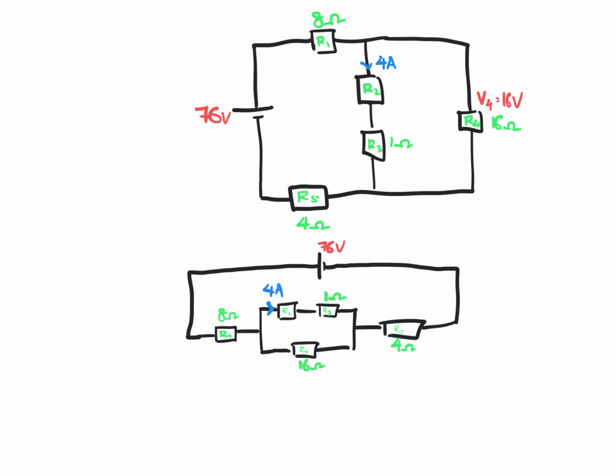It tells me that my potential difference across my resistance 4 is 16 volts. Now, is that to say that the whole thing is 16 volts? The answer is no. Across this split path here, it is 16 volts. Now, where does that transfer here? I'm going to shade it to show you where the 16 volts actually is.